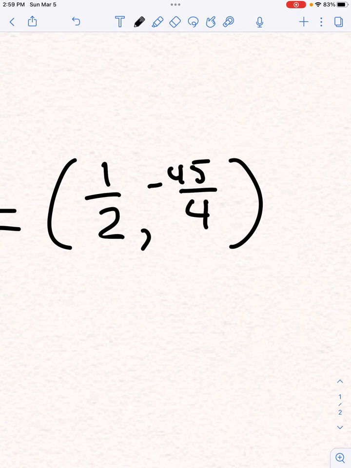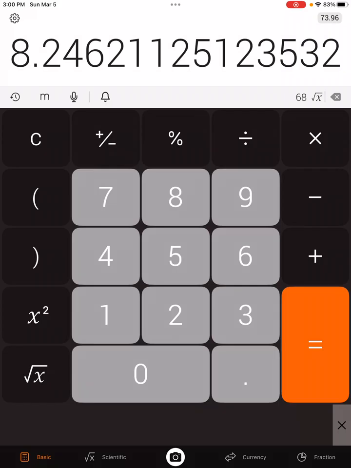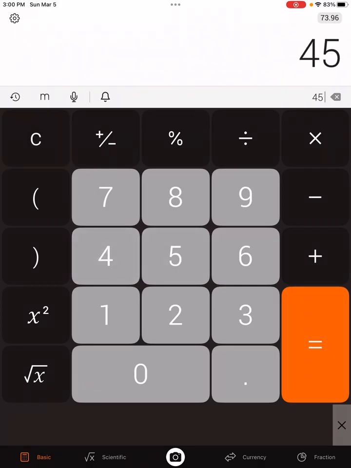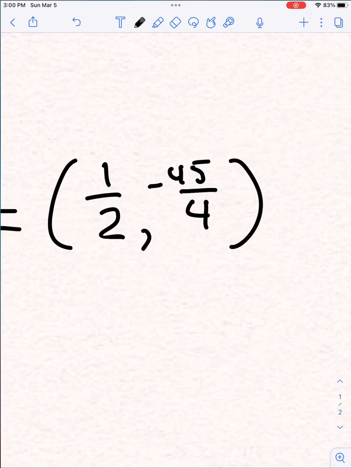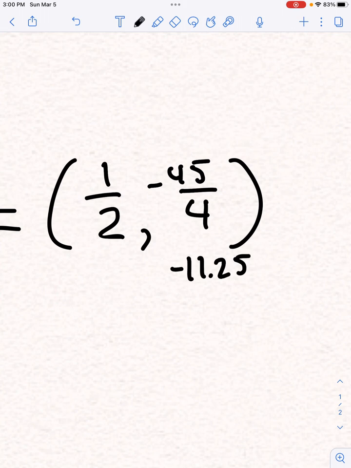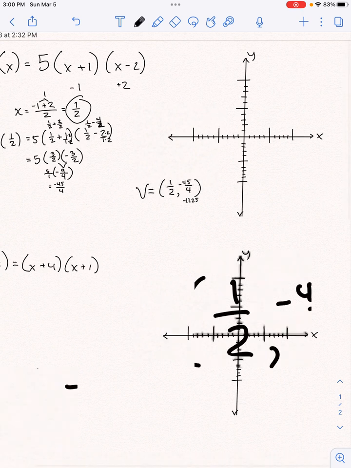Right, so for this, negative 45/4, let's put a calculator here. 45/4. All right, that's clear. 45 divided by 4. So that's 11 1/4. Right, so like under this, you could put like 11.25. Well, it's a negative. So you're going to go a half to the right and 11.25 down. So I'll leave that for you to graph.